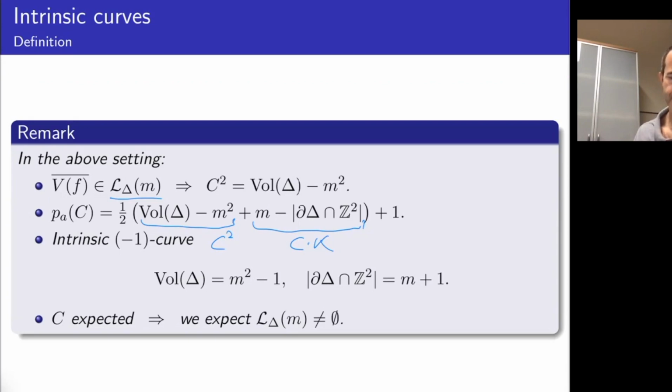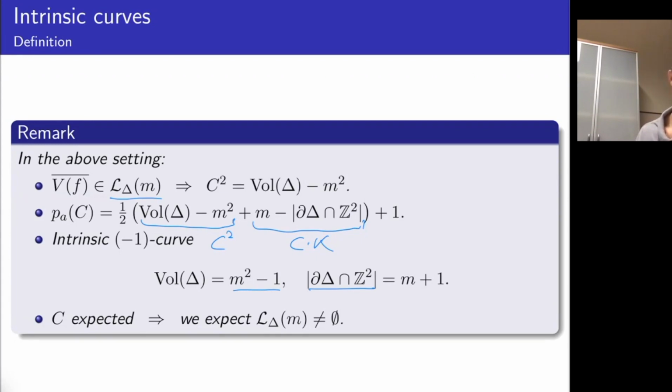In particular, when we consider an intrinsic minus 1 curve, we just have that the volume must be m squared minus 1, so that the self-intersection is minus 1. And the number of integer points on the boundary of delta is m plus 1. These are the two conditions characterizing an intrinsic minus 1 curve.